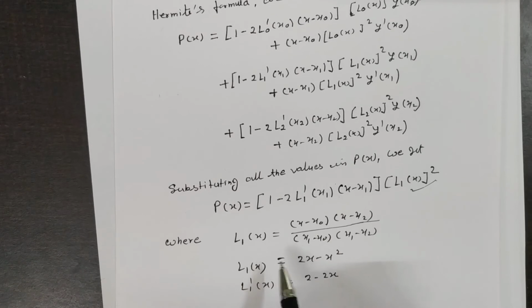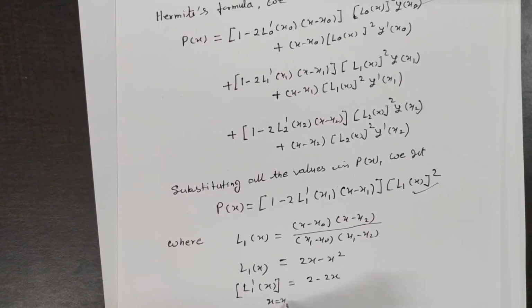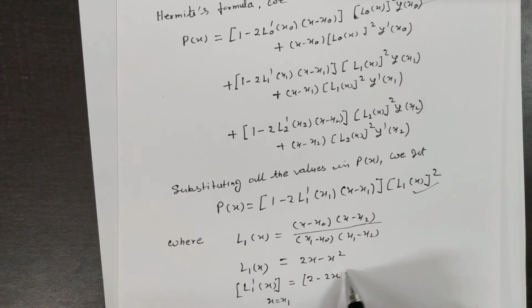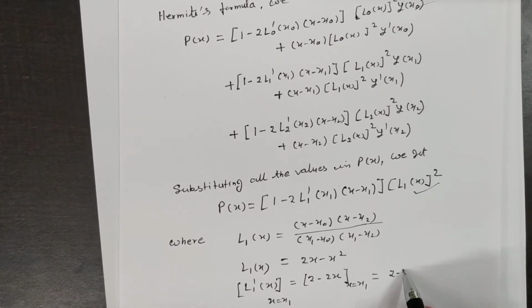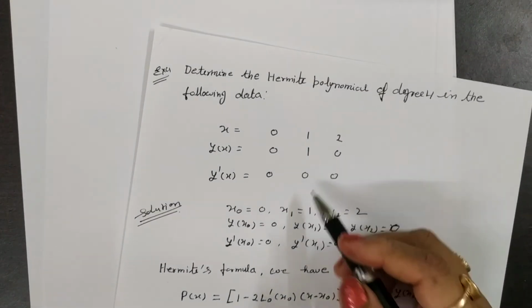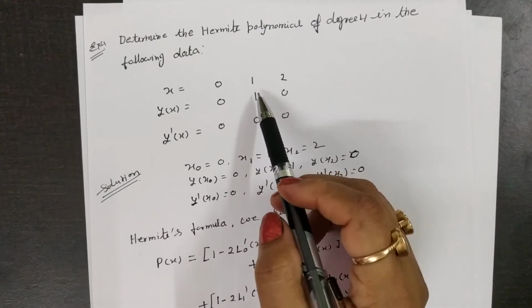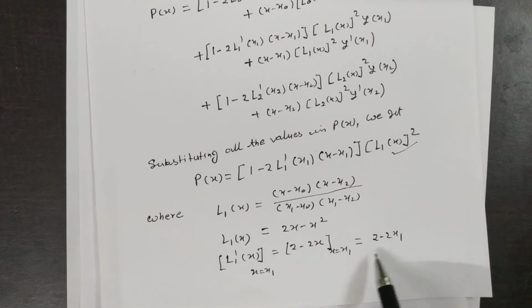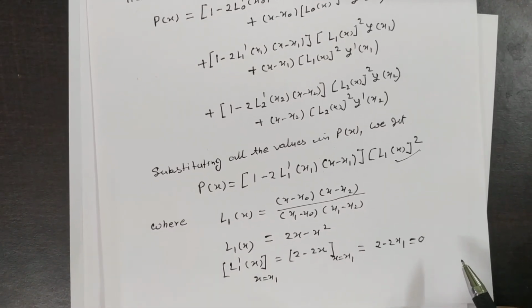At the point x equals x1, which is 1, this becomes 2 minus 2x1, that is 0.